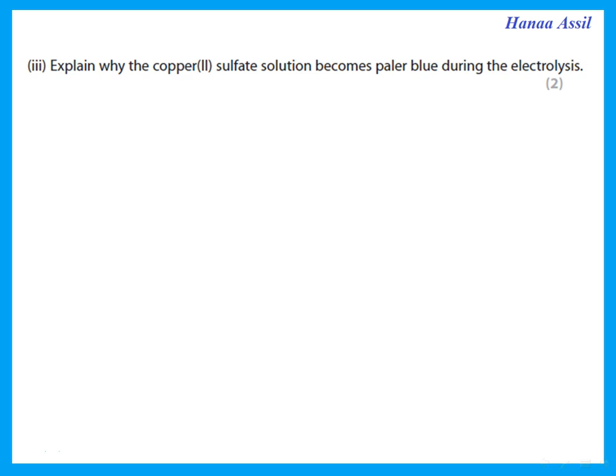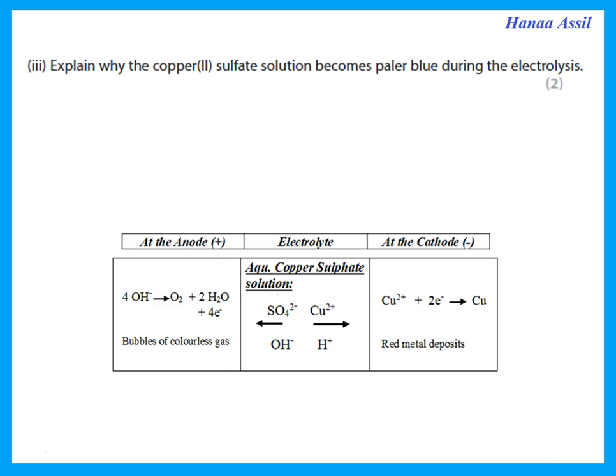Explain why copper sulfate solution becomes paler during the electrolysis. Remember, the copper sulfate solution originally is blue, but when it reacts, it forms copper at the cathode and oxygen at the anode. And what is left in solution? The copper ions reacted, so there is no more copper sulfate in solution. What I have actually is sulfuric acid.